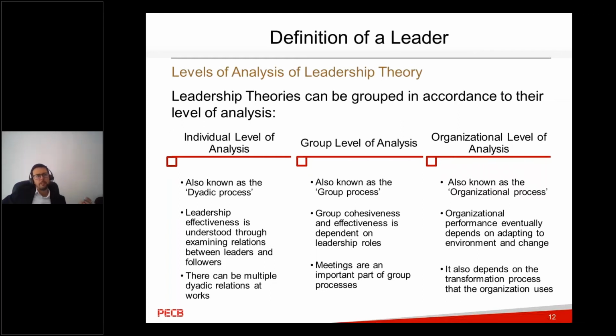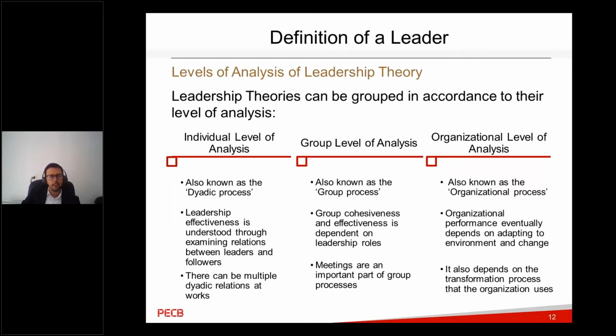So let's go to the individual level of analysis. This is probably something that we will focus on more in this lecture, and we will then go systematically, by developing the lectures in the future, towards group and organizational level of analysis when it comes to leadership.